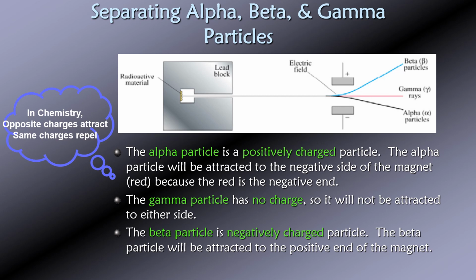It would try to go away from the positive end, and it would really love the negative side, which is why alpha particles will bend towards the negative side. And exactly the same with beta particles, because they are negatively charged, they would try to avoid the negative side and they would love to go towards the positive side. Okay, because they're attracted towards the opposite end.